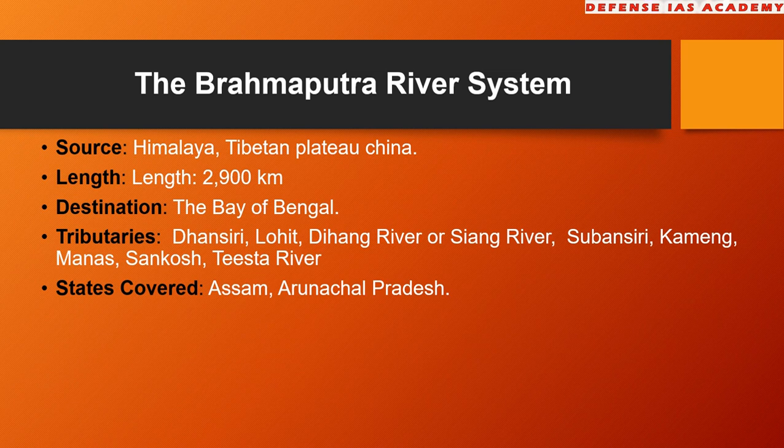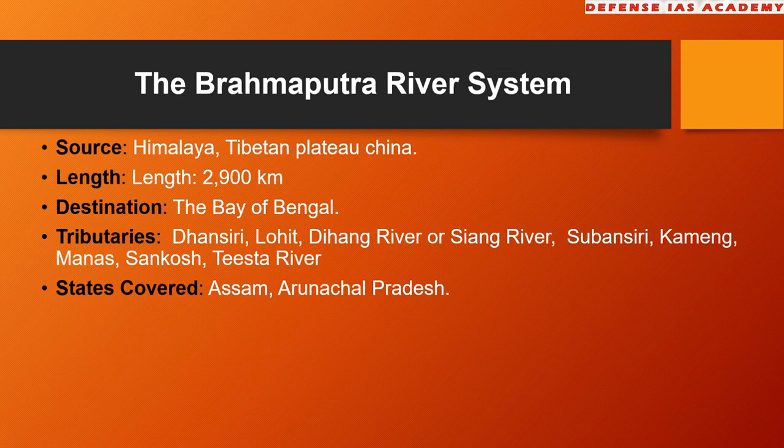Just a few highlights of the Brahmaputra river system. It has its source in the Himalaya, the Tibetan plateau of China, and the length is 2,900 kilometers. The destination is the Bay of Bengal, meaning it drains into the Bay of Bengal.